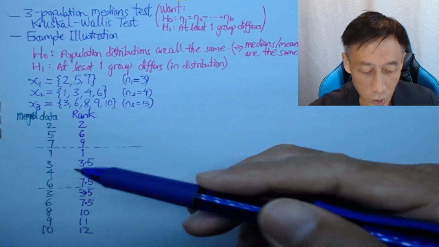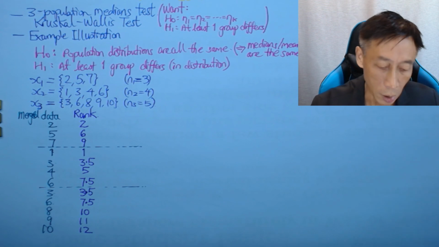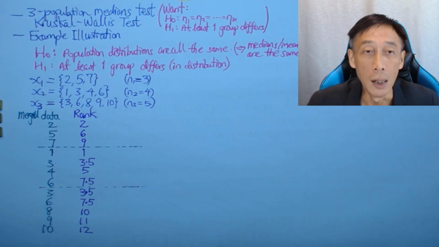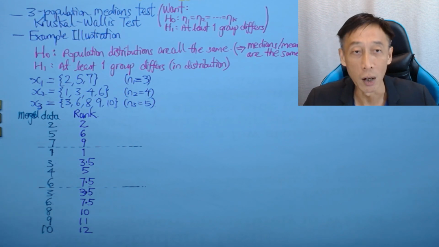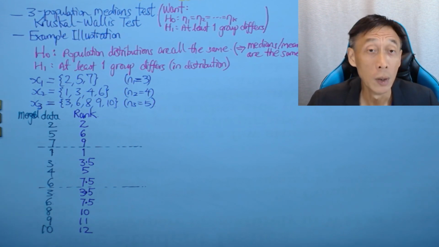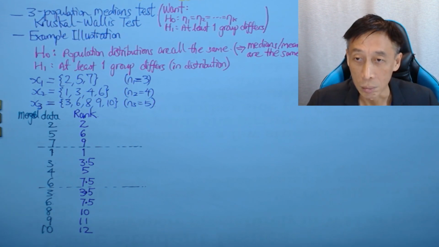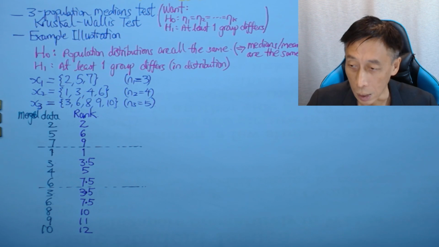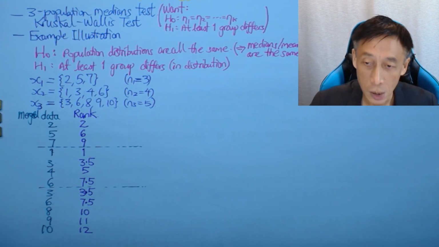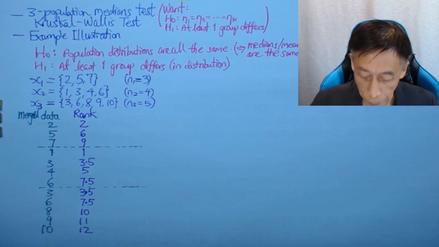We're just trying to illustrate the calculation concept. So we do the ranking, and then you have minimally 3 groups. Already this gets to 12 numbers, and manual calculation starts to get a little bit unwieldy. But we still can cope with it, and so we continue.